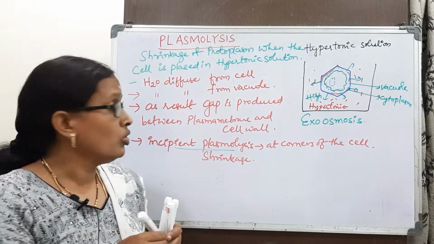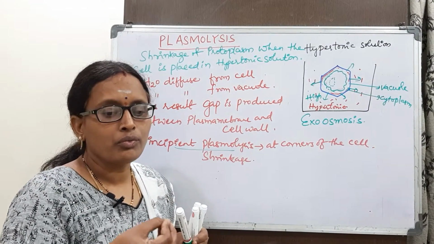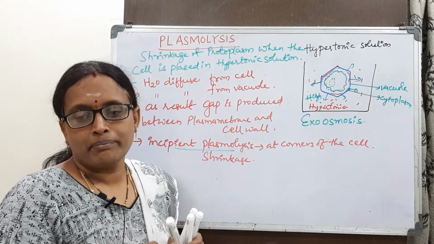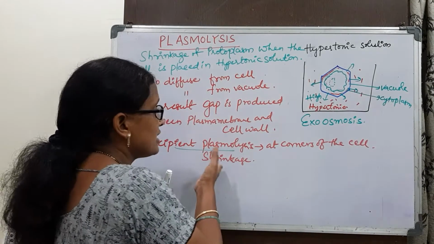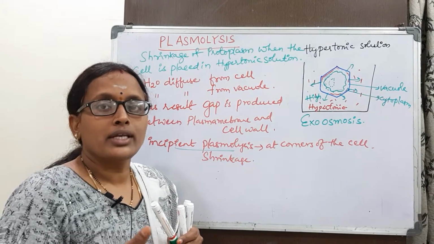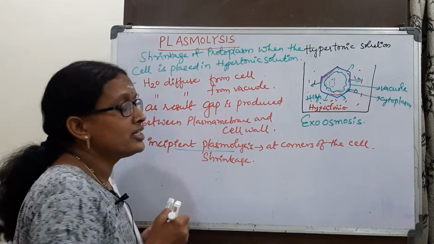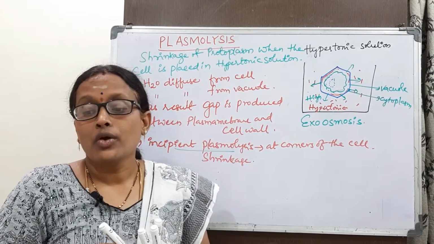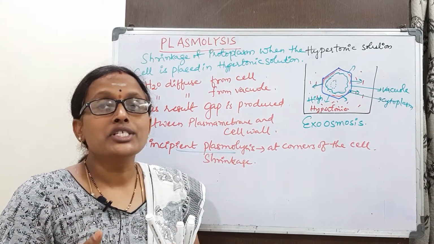So what is the significance? We know the osmotic pressure of the cell can be measured by incipient plasmolysis. Osmotic pressure of any cell can be measured by this process. And by using the plasmolysis process, we preserve meat, fish and pickles.